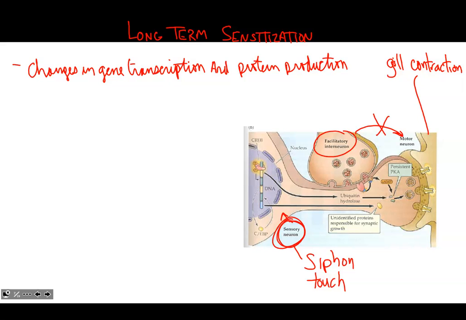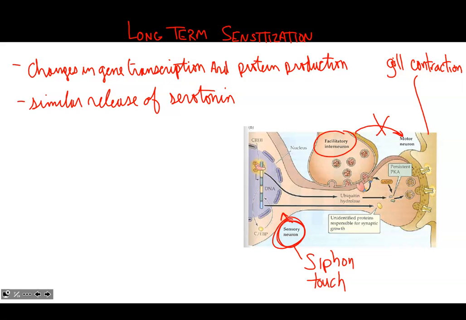And so this long-term sensitization will be no different, okay? We're going to start by activating the same system that we activated before in the shorter-term sensitization, where the facilitatory interneuron releases serotonin. So there's a similar release of serotonin.